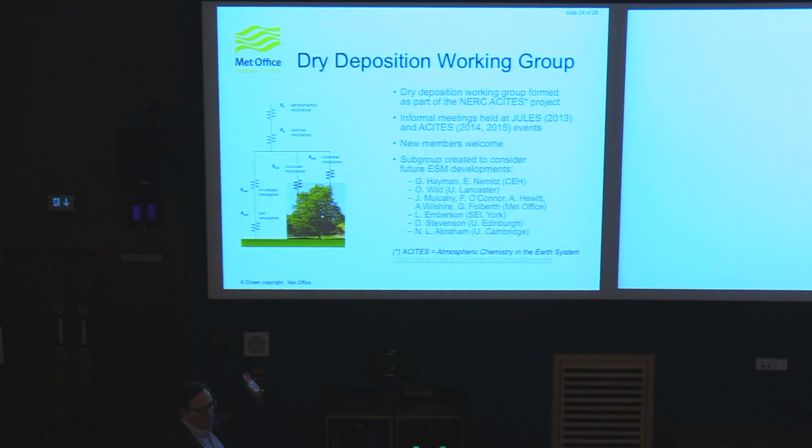Because people working on oceanic dry deposition and dry deposition in the cryosphere are usually not working closely with us, who are mostly working over the standard land surface vegetated areas. And this is an effort to bring everyone together at the table and talk about things and developments. And if you're interested, we are very happy to welcome you in that dry deposition working group.